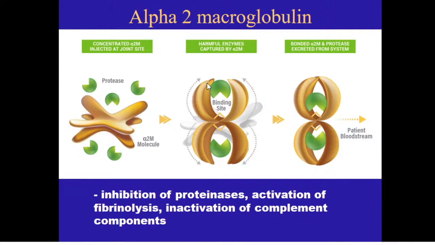This is the function of this antiprotease. Look at the structure, very interesting. The alpha-2 macroglobulins can, by change of conformation, form a binding site with proteolytic enzymes and hide them inside such interesting pockets.